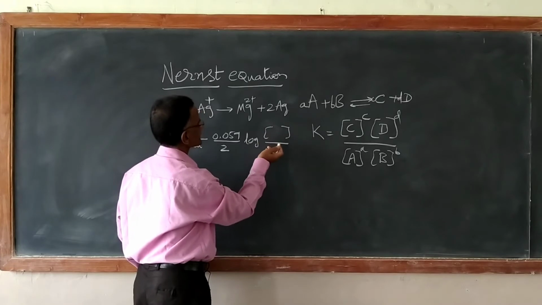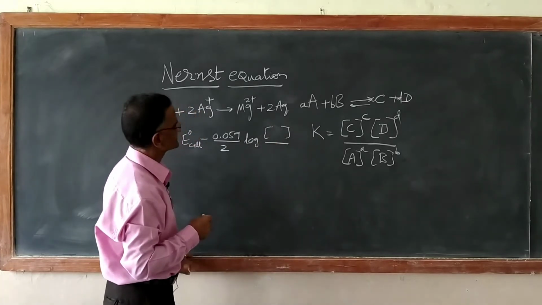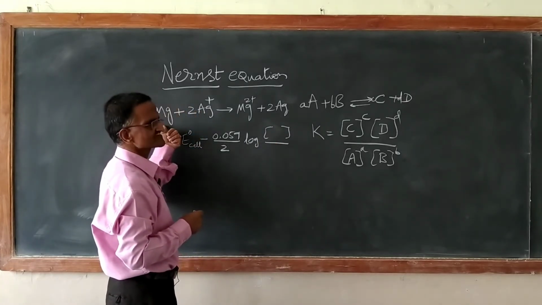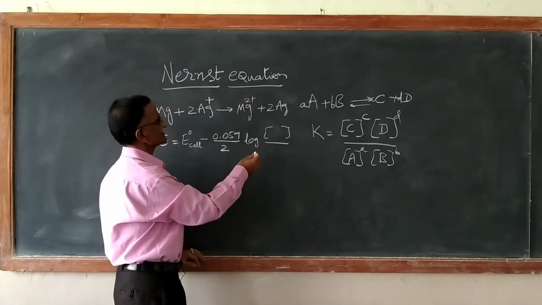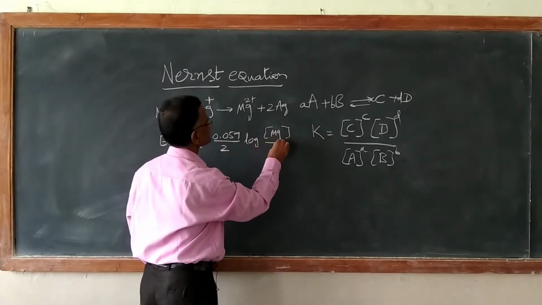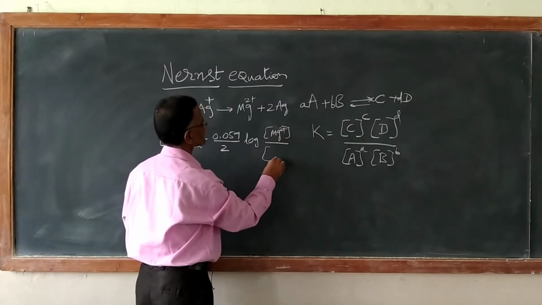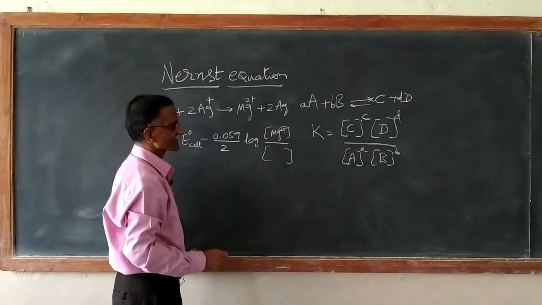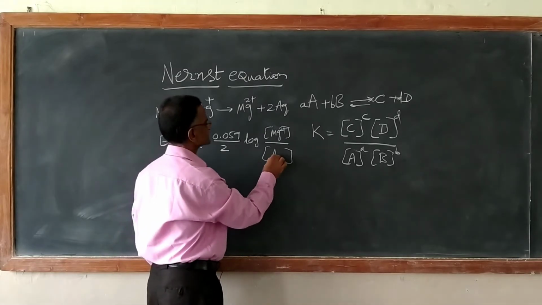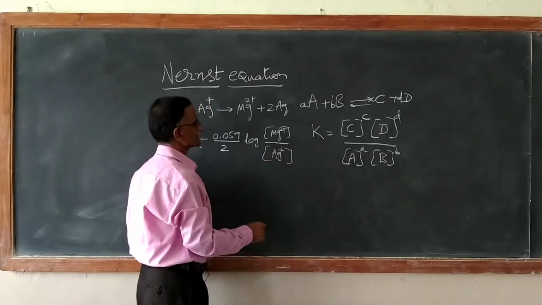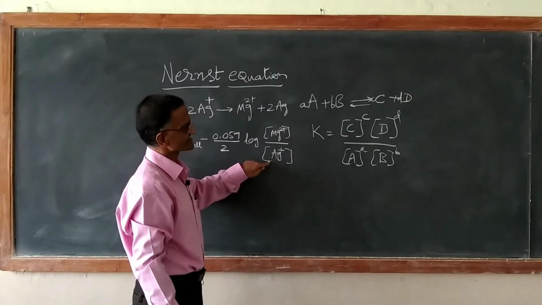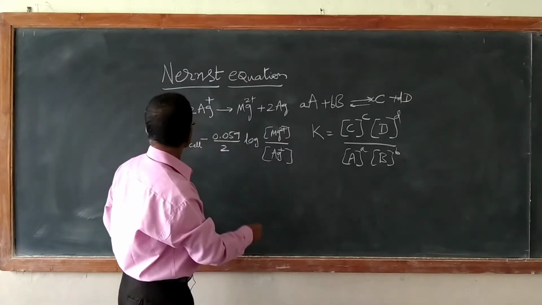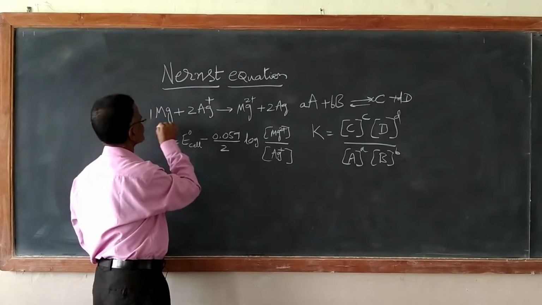the concentration of the electrolyte in the left half cell. What is the left half cell? Magnesium, or depleted magnesium sulfate, something like that, where I should write the concentration of Mg2+. In the right half cell, what I have is Ag+. If I simply write the Mg2+ and Ag+ concentrations, we commit a mistake. What do I have in the equation? Mg 1, Ag 2.